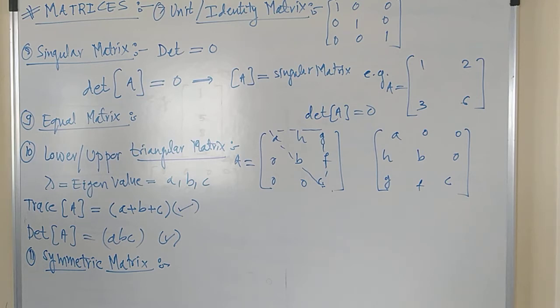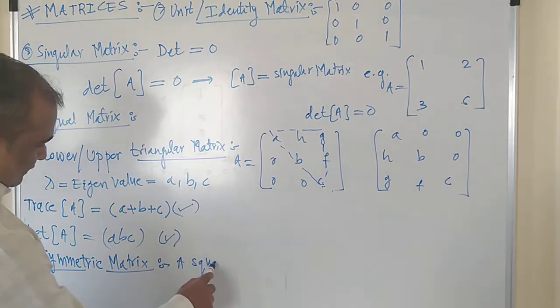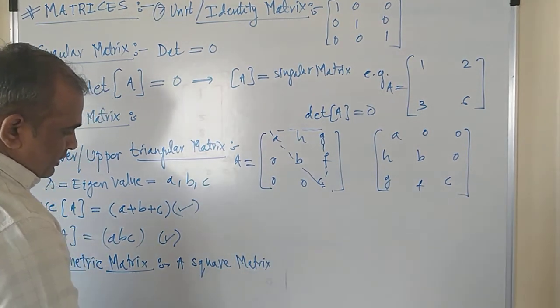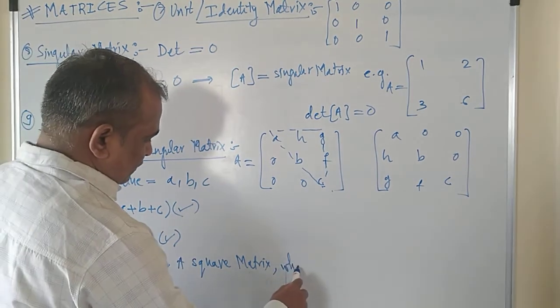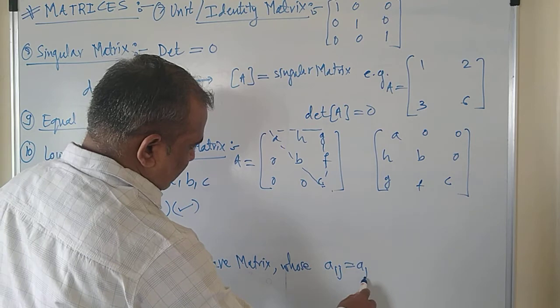A symmetric matrix is a square matrix whose Aij is equal to Aji.